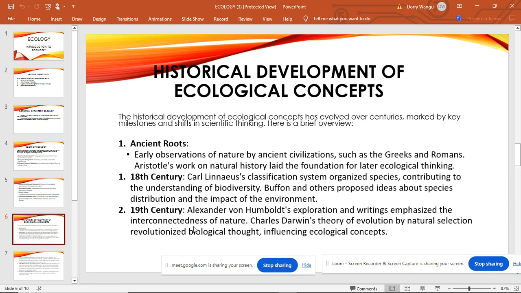We have the 19th century. Alexander von Humboldt's exploration and writings emphasized the interconnectedness of nature. Charles Darwin's theory of evolution by natural selection revolutionized biological thought, influencing ecological concepts.